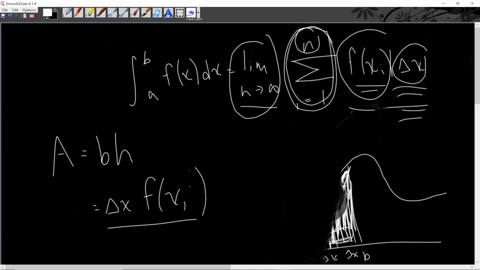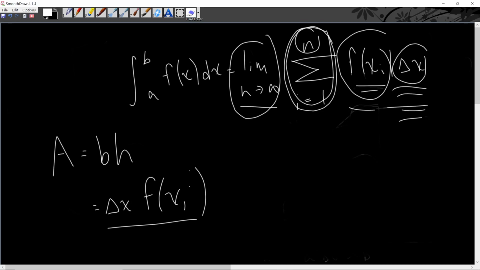So that's why definite integrals are the area under the curve. We say that f of x_i is some y value associated with some very small change in x, and every time you calculate f of x_i times delta x, you simply find the area of a rectangle.